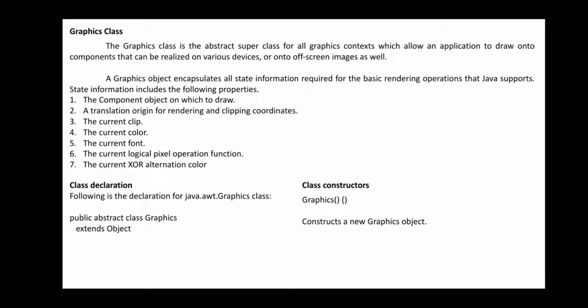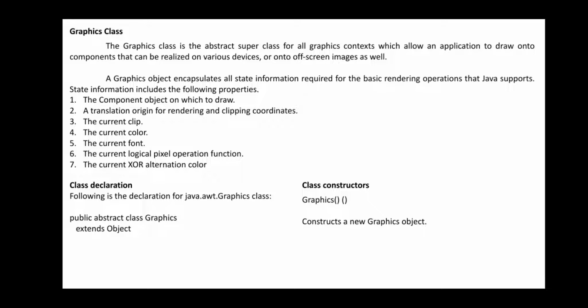What are you going to learn today? The graphics class is an abstract superclass of all graphics contexts, which allows an application to draw onto components that can be realized on various devices, or onto off-screen images as well. A graphics object encapsulates all state information required for the basic rendering operations.